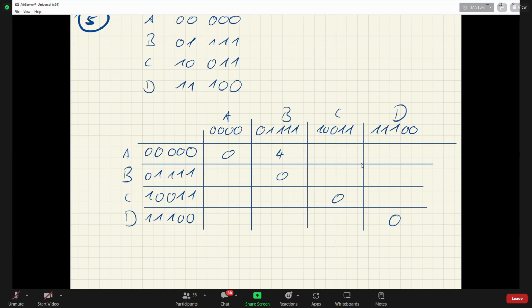You see they are different in 4 bits. If we are comparing A and C, we have a Hamming distance of 3. There, there, and there. The 2 zeros are identical. And if we are comparing A and D, then we have a Hamming distance of 3.